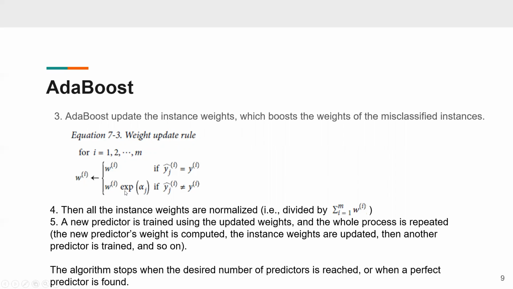Otherwise, you use weight times the exponential of alpha j, so that you increase the weight for those misclassified samples. So it's one way to boost the weights for the next iteration. That is the reason we call it AdaBoost, right? We boost the weights of the misclassified instances.